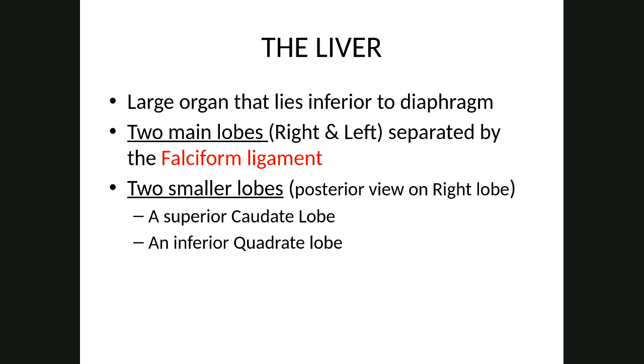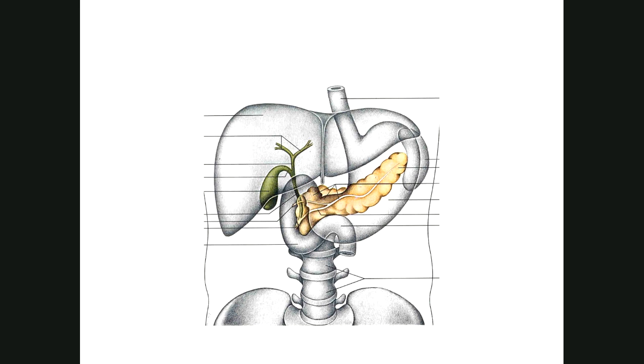All right. So the liver. The large organ that lies beneath the diaphragm has 2 main lobes, the right and the left, and it has 2 smaller lobes, the caudate and the quadrate. So here's the liver.